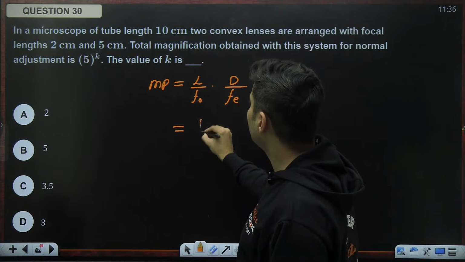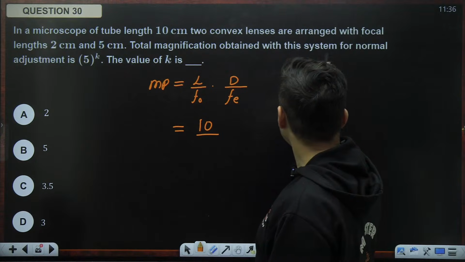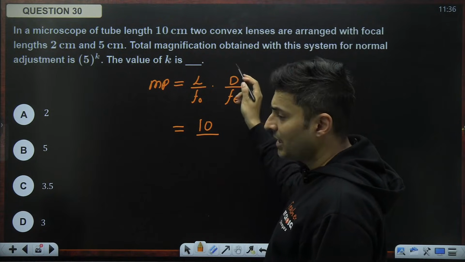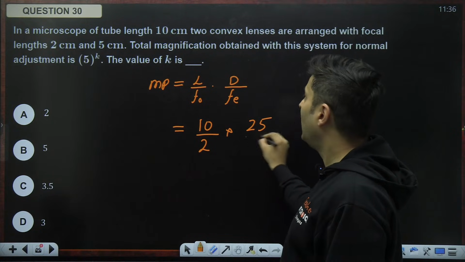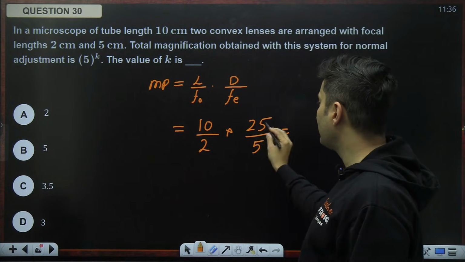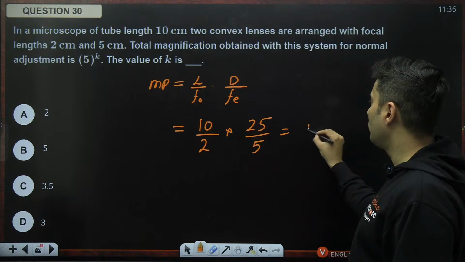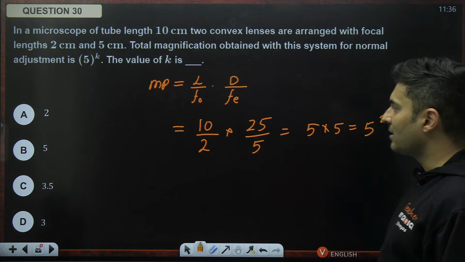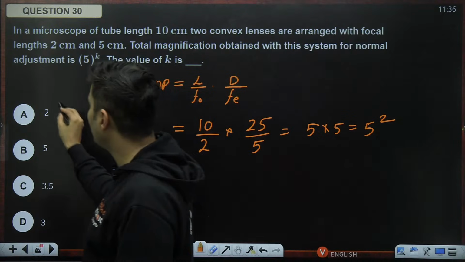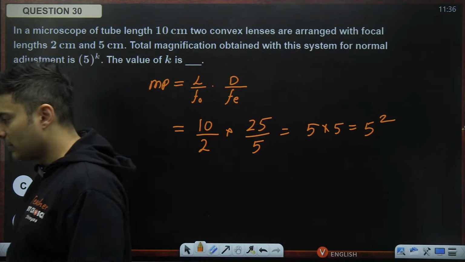Length of the tube is 10. Focal length of the objective is basically 2, let's say, and this is 25, and this is 5. 25 by 5 is 5. This is also 5. So 5 multiplied by 5, which is 5 raised to 2. So the answer will be basically your number 2. Okay. Yeah, that's it.